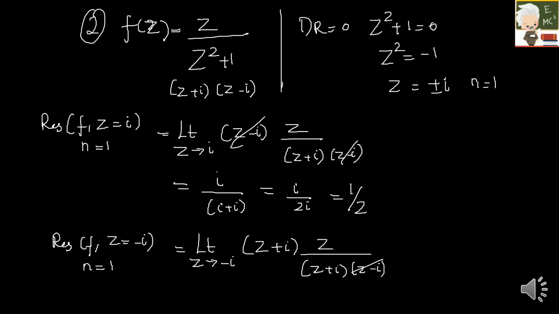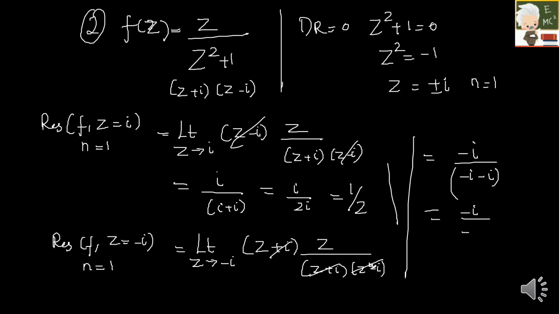So these two, sorry, not this one, these two get cancelled. So what I will have after applying the limits is minus i divided by (minus i minus i), which will be minus i by minus 2i. So finally it will be 1 by 2. So this is my residue for z is equal to minus i.